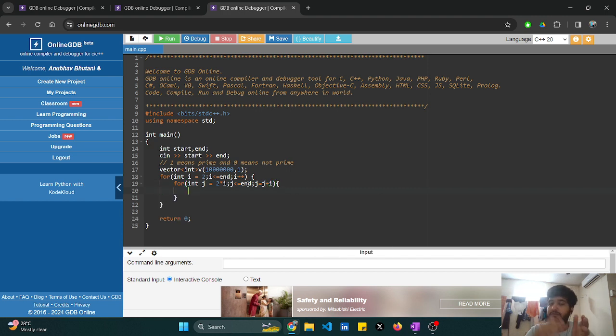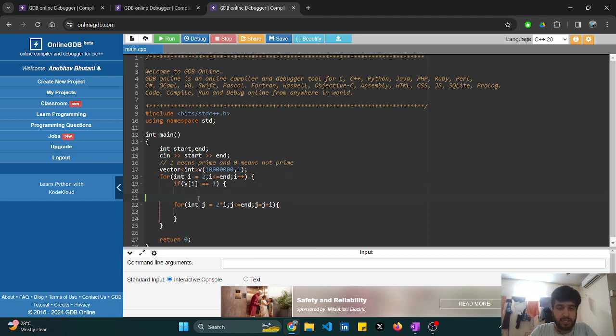That means that I am just skipping, like 2 into 2, then 2 into 4. So I have to increase 2, right? I have to increase the difference, right? And I'll check this only when I get the current value as 1. Okay, because if I'm getting that particular value as 1, then only I'm going to print it, right? And I'm going to mark that index as 0.